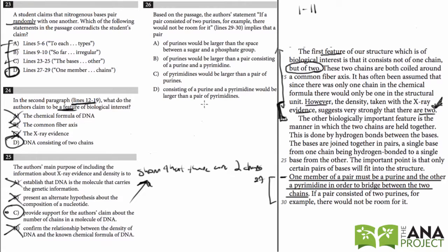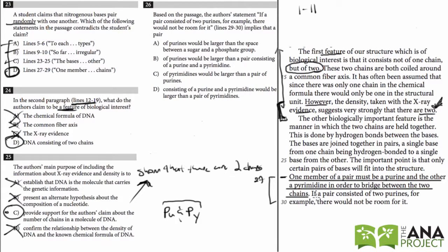Now let's go to 26. Based on the passage, the author's statement, if a pair consisted of two purines, for example, there would not be room for it, implies that a pair... So it says one member must be a purine, and the other must be a pyrimidine. So that's how the pair should be.